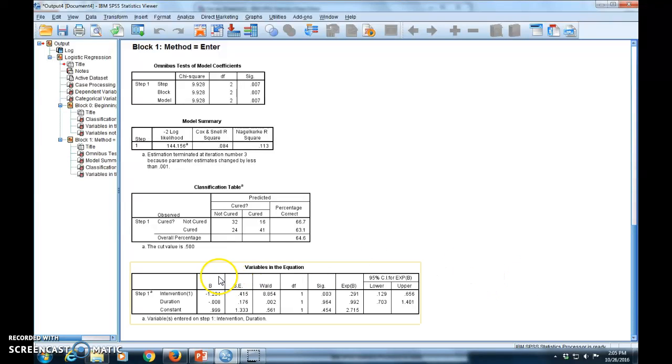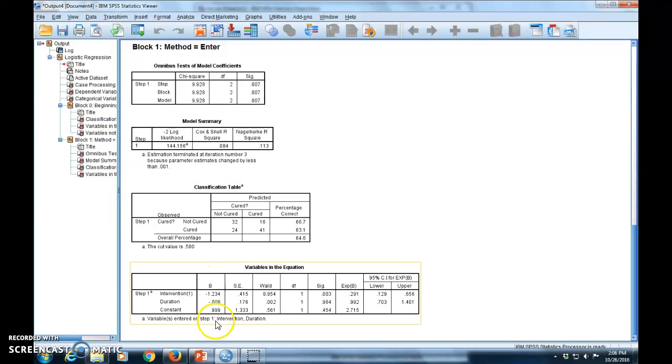So we go to our beta values here, and we see that the intervention, as it goes from not having an intervention to having the intervention, the odds of being cured, that increases your odds of being cured somewhere between, if we go over here to our exponential B, these are the actual confidence intervals for the odds ratios.